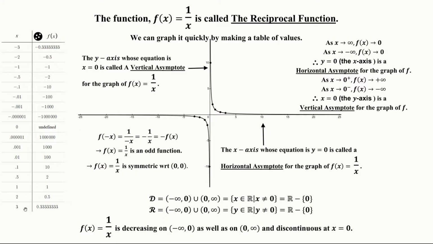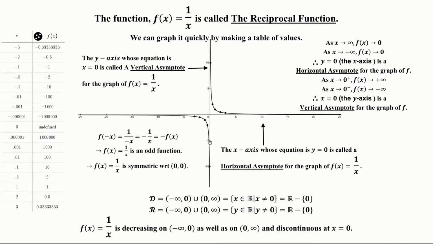And as we approach it from the right, starting at 3, going to 2, 1, etc., a similar thing happens, but the values here get really, really large. So again, when a graph gets very, very close to a line and it doesn't cross it, we call that an asymptote.